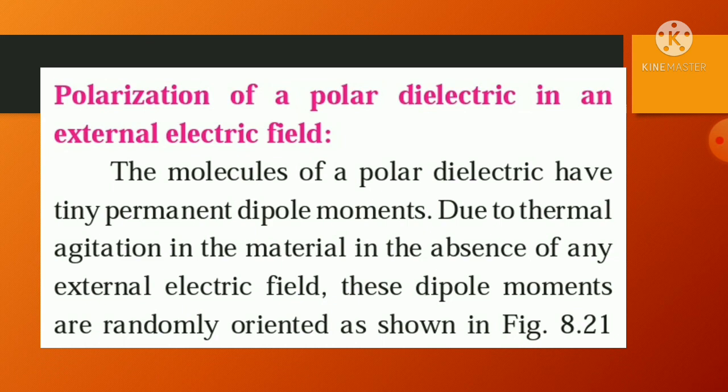The molecules of a polar dielectric possess a tiny permanent electric dipole moment. Due to thermal agitation in the material, in the absence of any external electric field, these dipole moments are randomly oriented, as shown in figure 8.21.